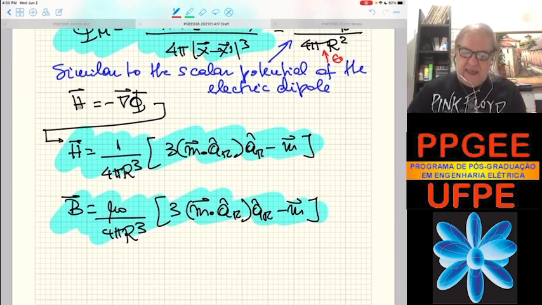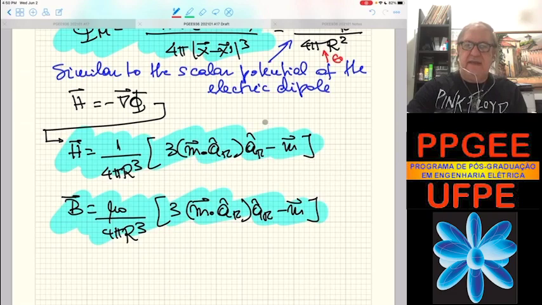So the behavior of the magnetic field lines of a magnetic dipole is similar to that of the electric dipole. If we calculate H, it is going to be the same field configuration as the electric dipole.